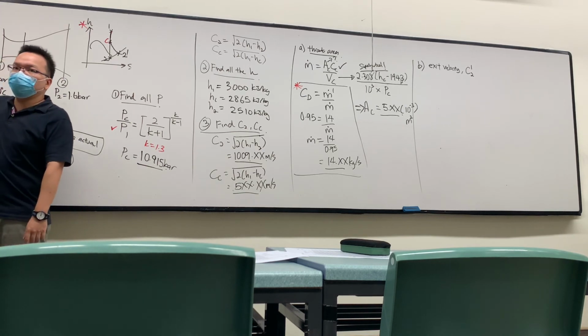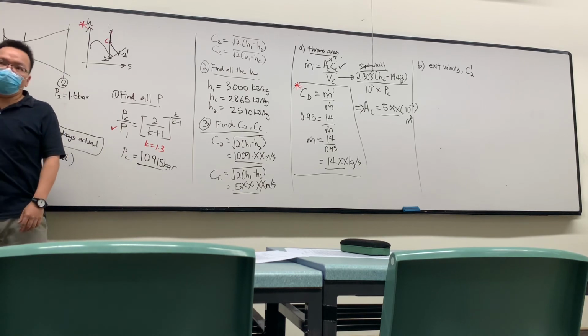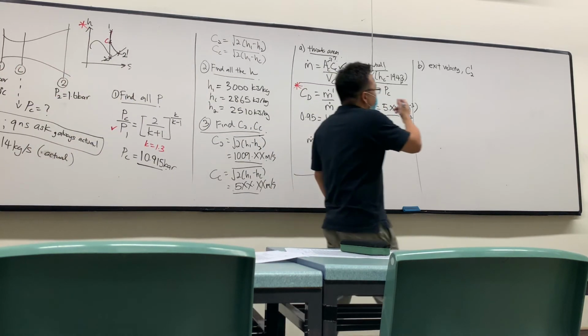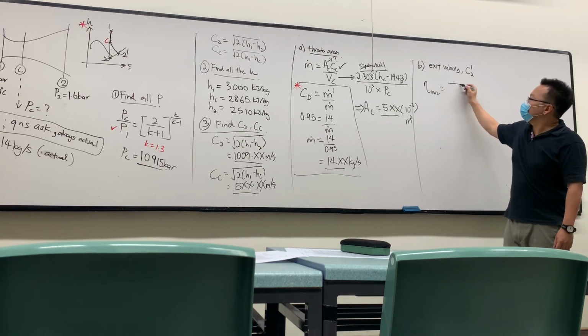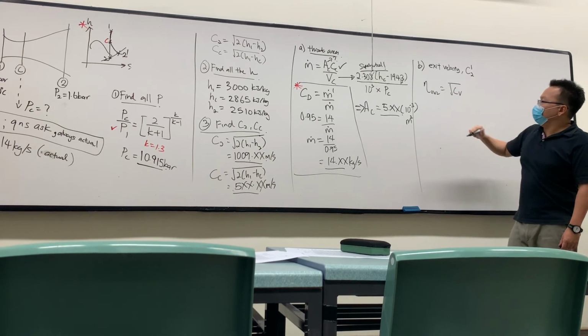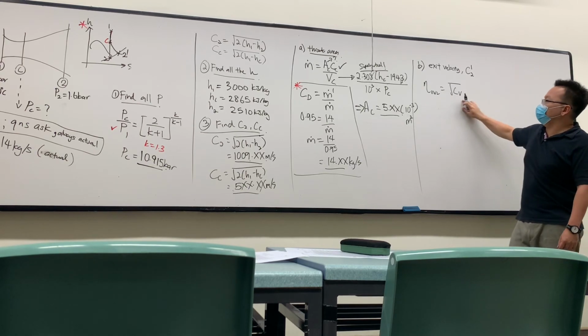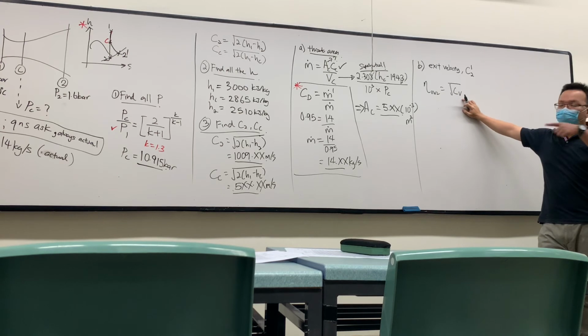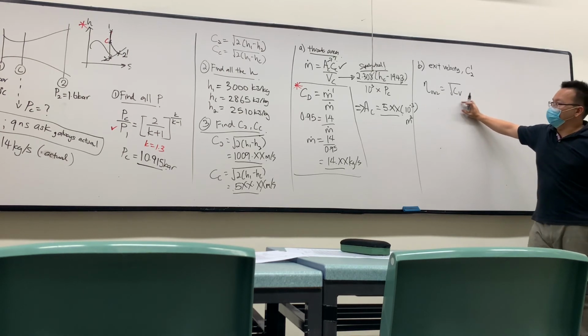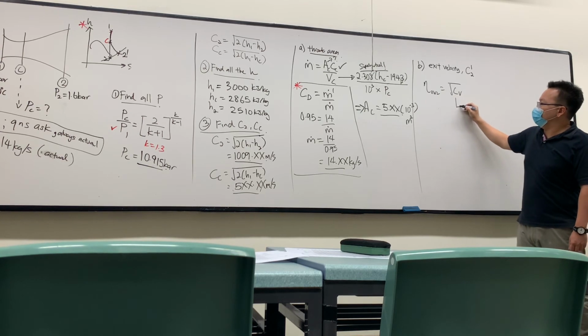The question gives you nozzle efficiency 0.9. So this is nozzle efficiency. This one is coefficient of velocity. Can you find this in your book or notes? Okay, so you can find this here.